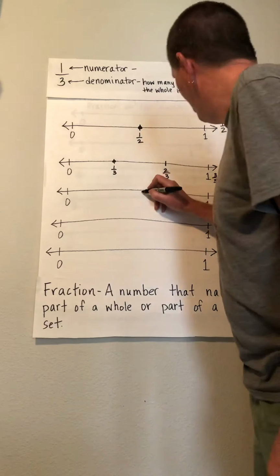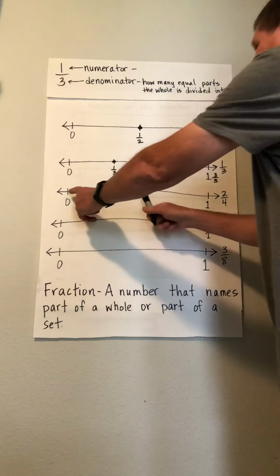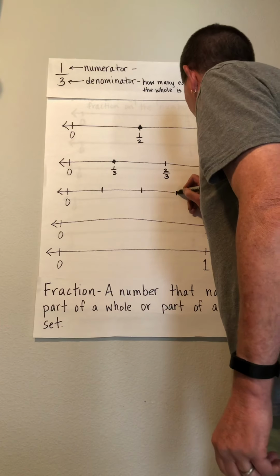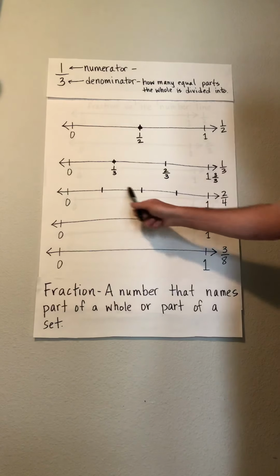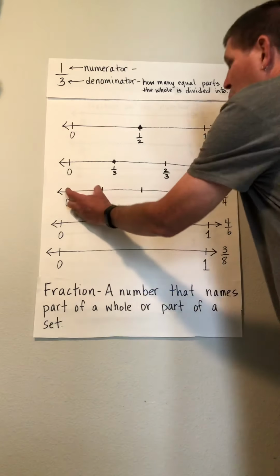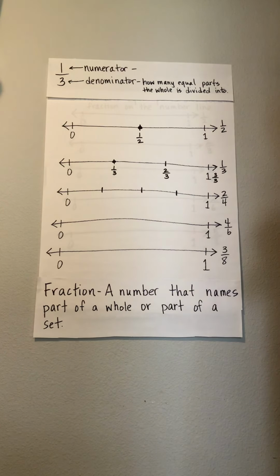I'm going to find a point in the middle. Then I'm going to divide each of these areas in half. And so now that gives me 1, 2, 3 marks. 1, 2, 3, 4 equal sections.